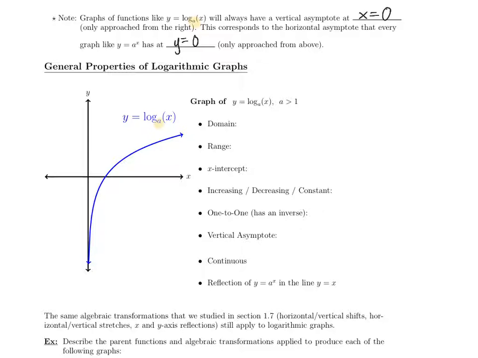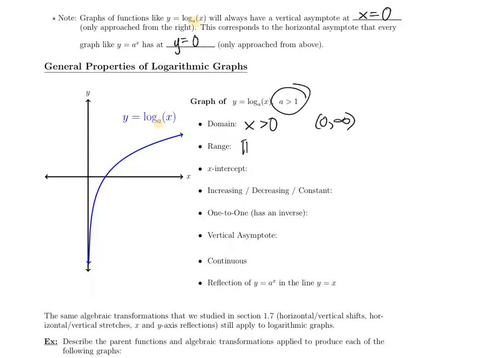I recommend you have both of these related pages open at the same time and just compare the two of them. So the domain of y equals log base a of x, and remember a has to be greater than 1 in order for this to make any sense for this particular graph, is x greater than 0, which in interval notation looks like 0 to infinity.